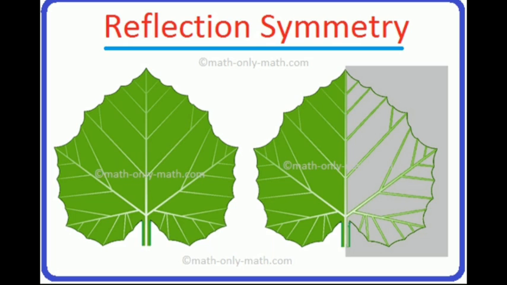Here you can observe the line of symmetry for this leaf, and you can imagine a mirror is kept along the line of symmetry. Then one half is the reflection of the other one. So we can say that symmetric shapes have mirror symmetry along their lines of symmetry. That means this symmetry is also known as mirror symmetry or reflection symmetry.